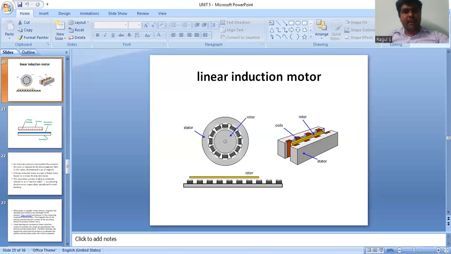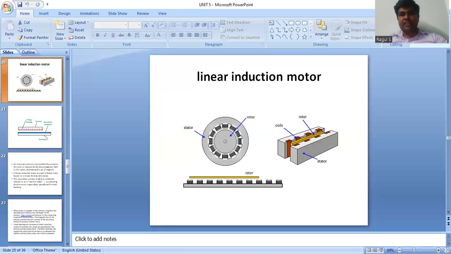The secondary or rotor of the linear induction motor consists of a copper plate, otherwise aluminum. In this diagram, we prefer an aluminum plate. A linear induction machine, in its simplest form, consists of a field system having a three-phase distributed winding placed in slots.